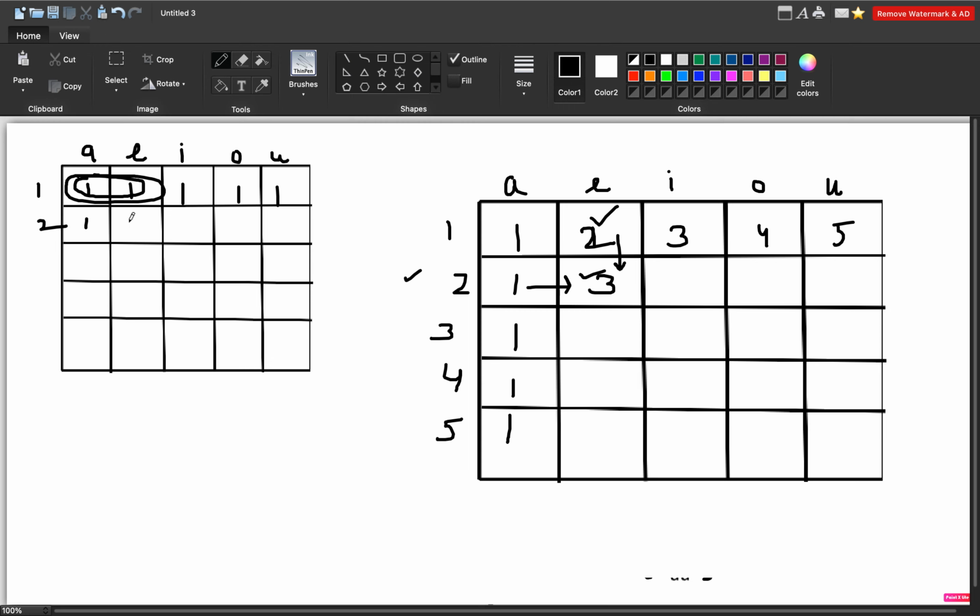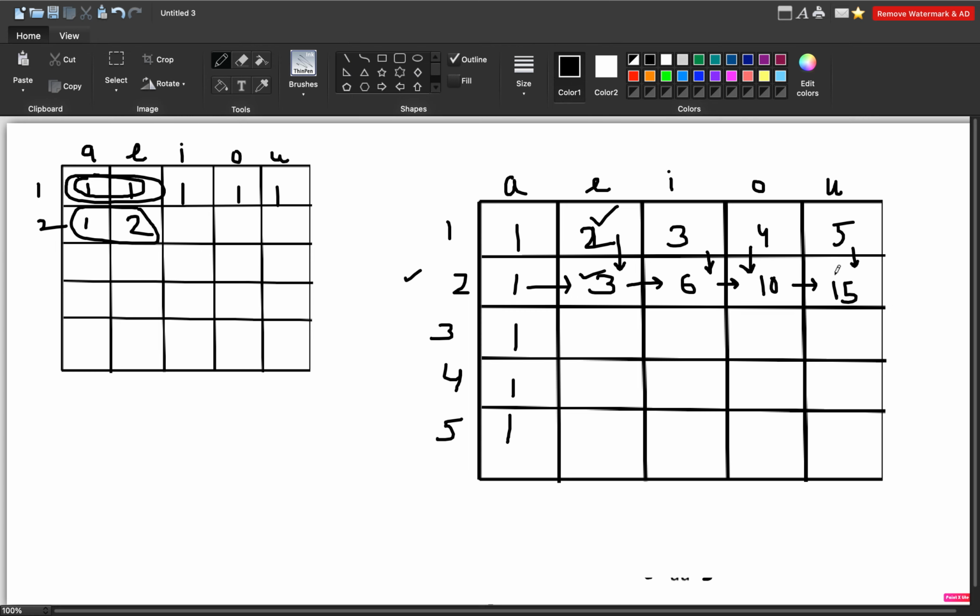If we observe, the total number of strings ending with e here were 2, and 1 plus 2 is equal to 3, hence verified. Similarly what we will be storing at this index will be this 3 plus this 3, which will be 6. Similarly this 4 plus this 6 is 10. Similarly 10 plus 5, which is 15.